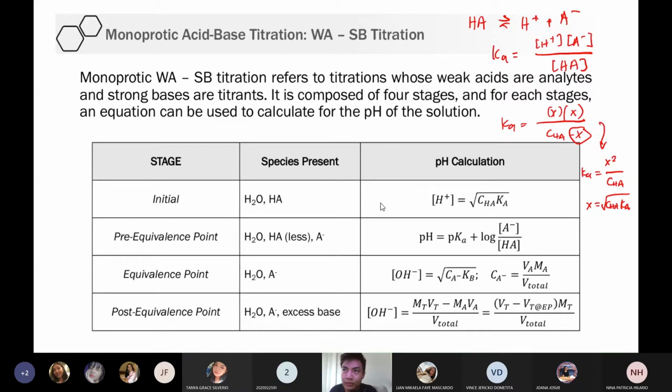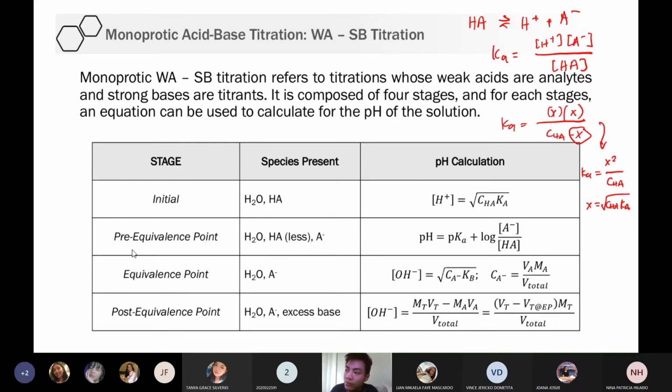And again, ang ating exams naman, yung final exam ay multiple choice, no? So, having an approximate answer will give you an idea kung sino yung pipiliin mo sa choices mo. Okay na tayo dun sa approximate answers, no? So, that's the reason why our equation for the initial is this.